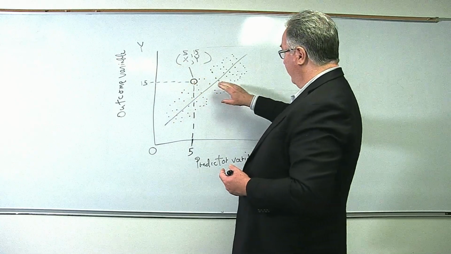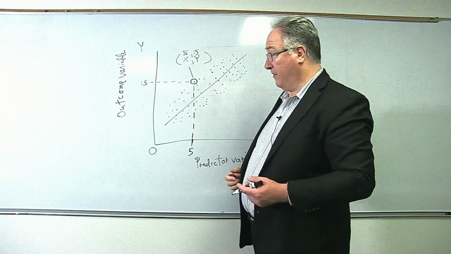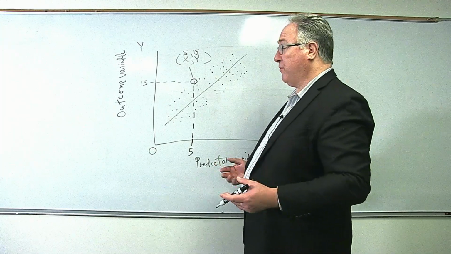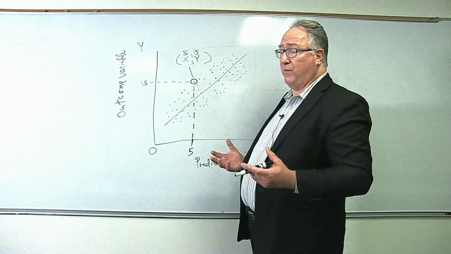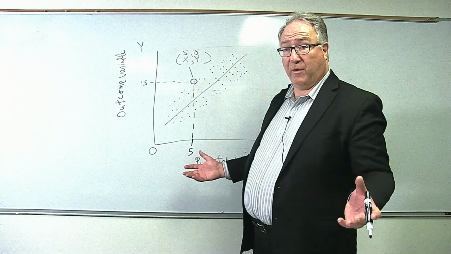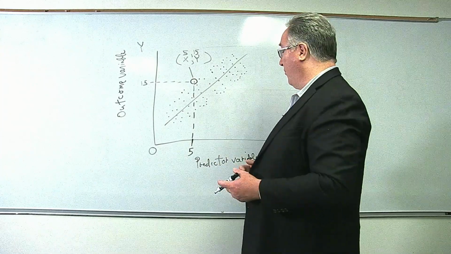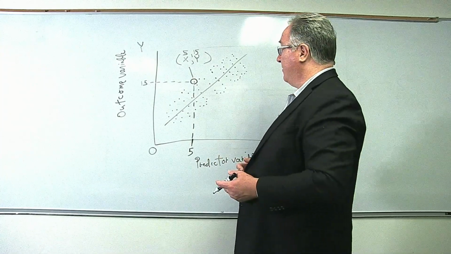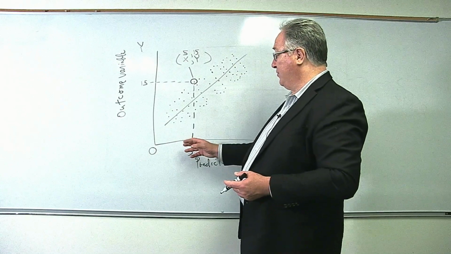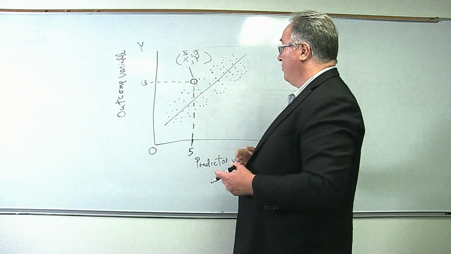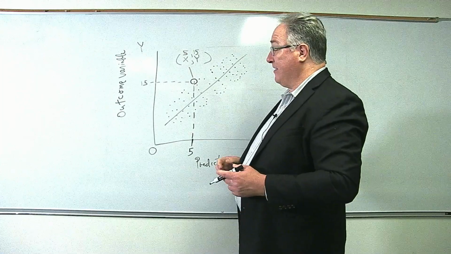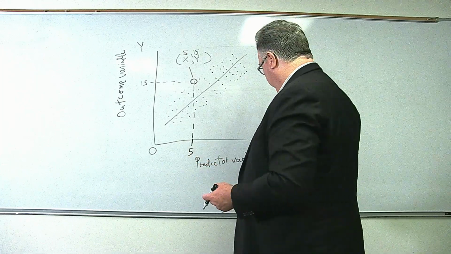So that's what we're assuming when we're doing multiple regression: linear relationships between the outcome variable and each of our predictor variables. In a model with more than one predictor, this applies to each predictor, which means as values increase on the predictor variable, generally speaking, they also increase on the outcome variable. And that is as distinct from a curvilinear relationship.